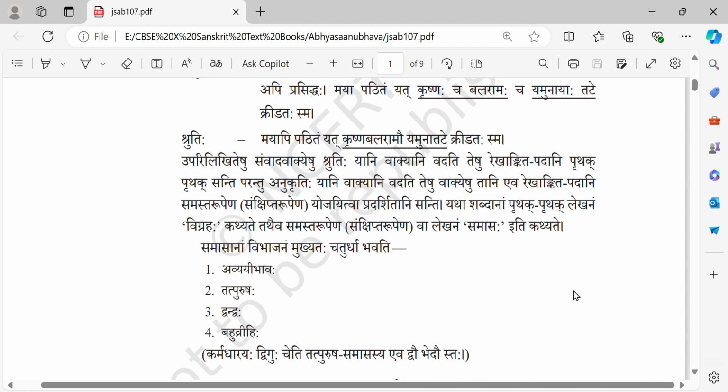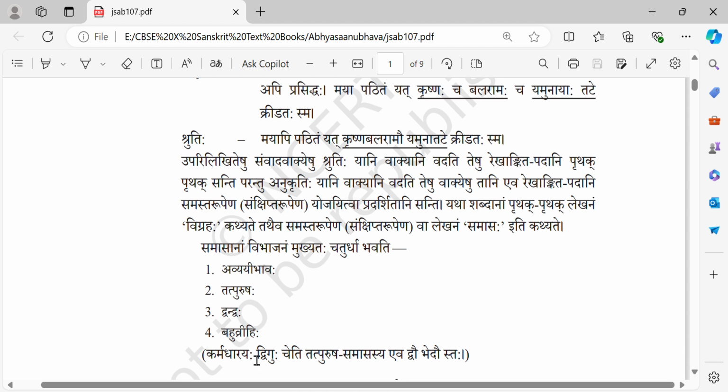Samasas are mainly divided into four types. They are Avyayeebhava, Tatpurusha, Dvandva, Bahurvihi. These are the four types. Karmadharaya and Dvigu Samasa are the subdivisions of Tatpurusha Samasa, hence they are not given the separate number.